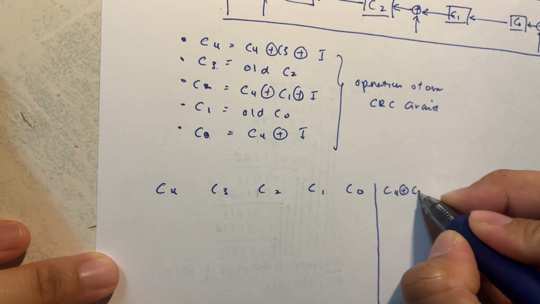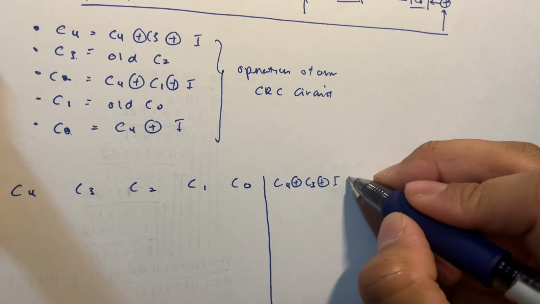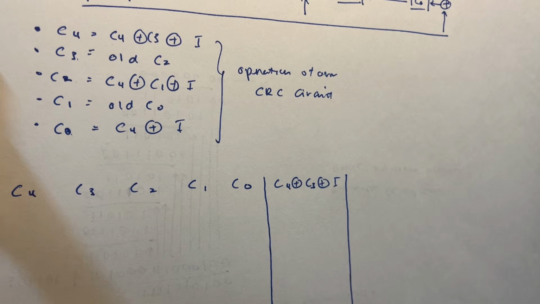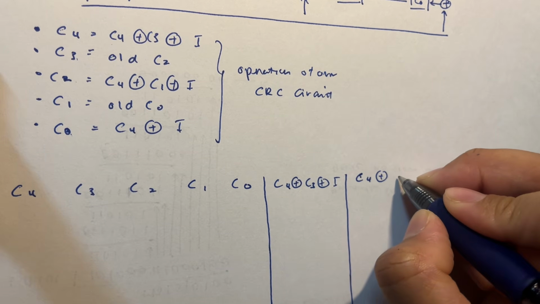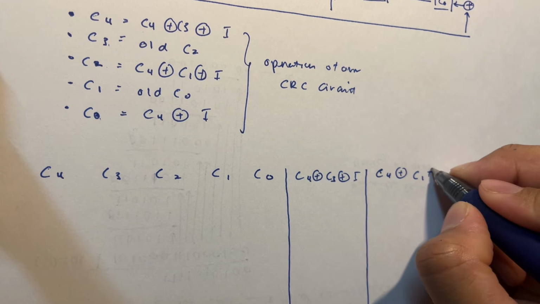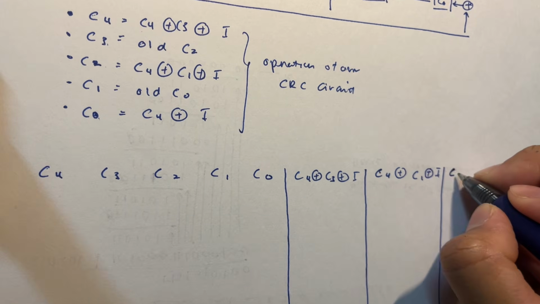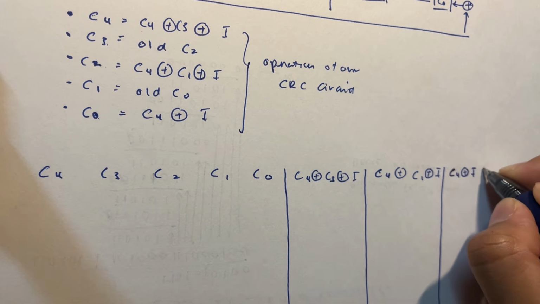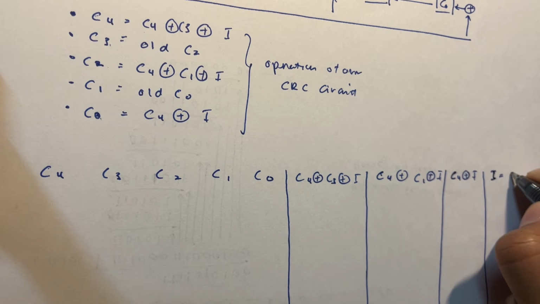C4 XORed with C3, XORed with I, and then just do like that. C4 XORed with C1, XORed with initial, straight down. C4 XORed with initial, straight down, and then initial, I equals initial.